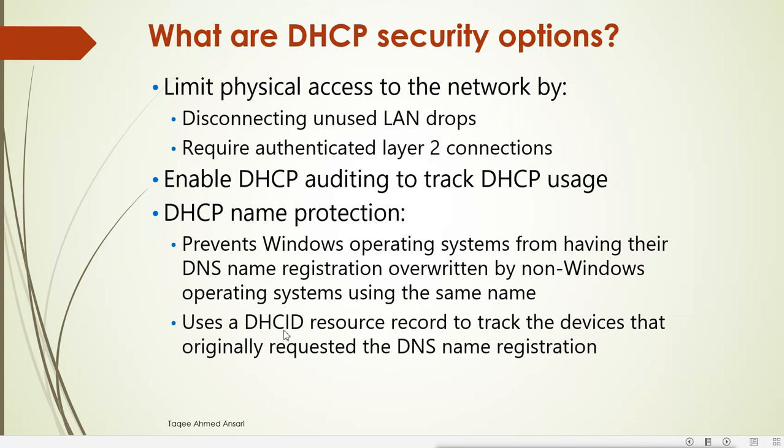Then also use the DHCP ID resource record to track the devices that originally requested that DNS name registration. So by the DHCP ID, we can track who requested the DNS registration for the name. Now we can configure these things in DNS also. This DNS security, we have the option to configure this.